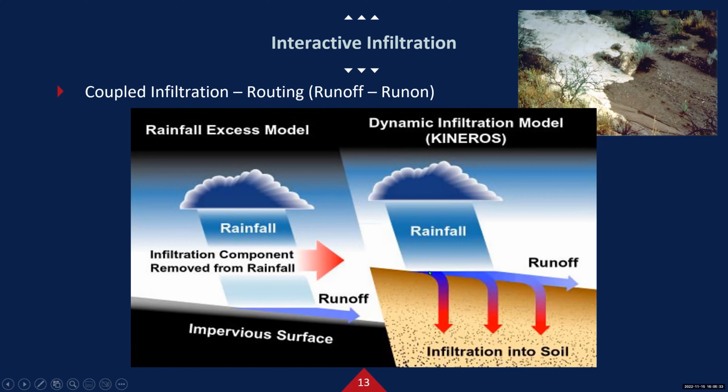And so it continues that calculation all the way down to the bottom. And again, this is critical, as Phil showed you, for channel transmission losses that we see in the upper corner here. Again, this is the frothy front of the runoff going down a dry channel.